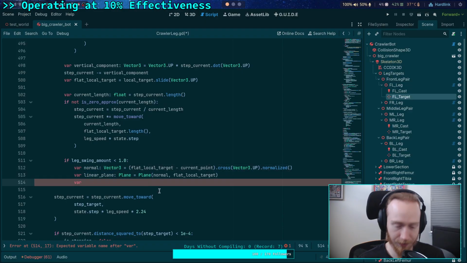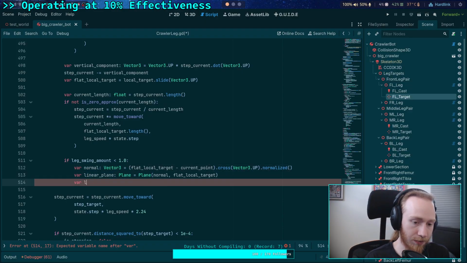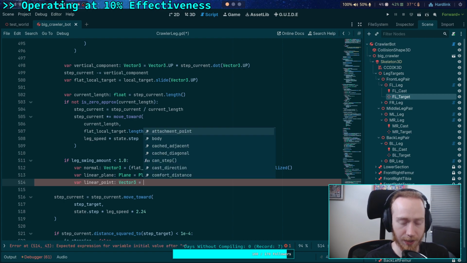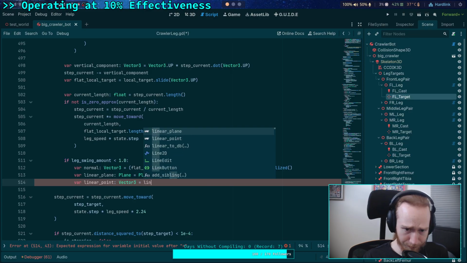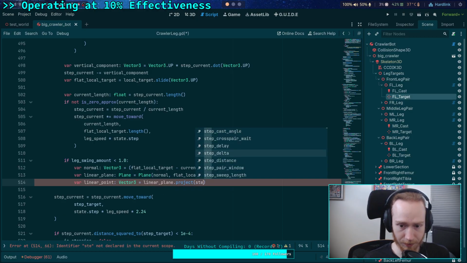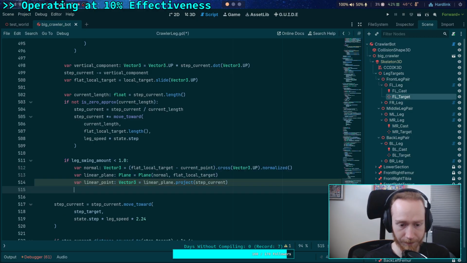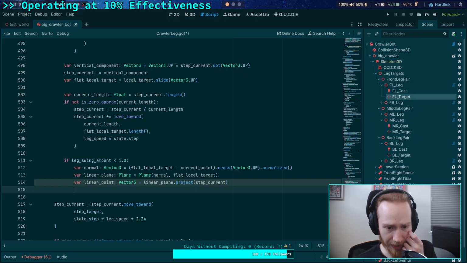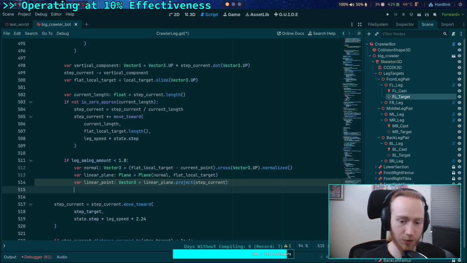There's a plane. And now I have linear point. We'll take linear plane, project step current, and then I do 1 minus the leg swing amount interpolation between those two.